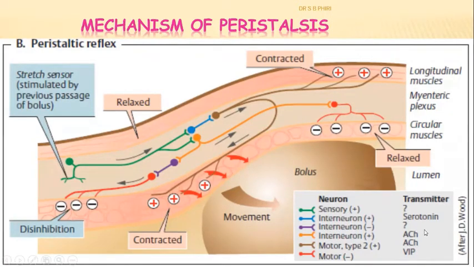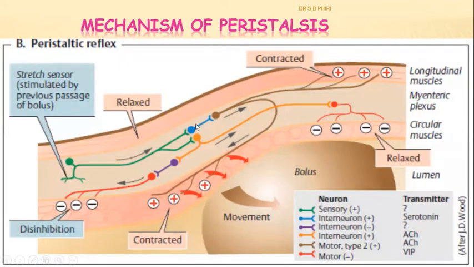And there is the type of neurotransmitters: serotonin, acetylcholine, then VIP, which is vasoactive intestinal peptide. In simple terms, let me just explain. For peristaltic contractions, you have the sensory neuron communicating with the interneurons. Once this sensory neuron fires an action potential, it is going to stimulate the interneurons.